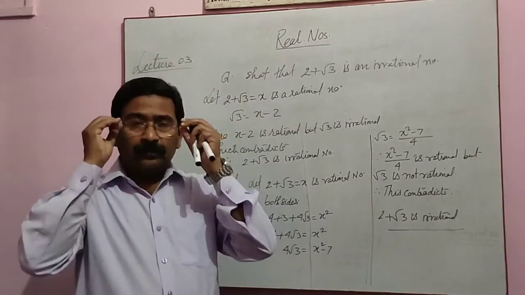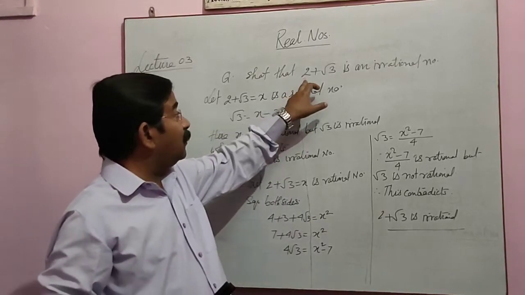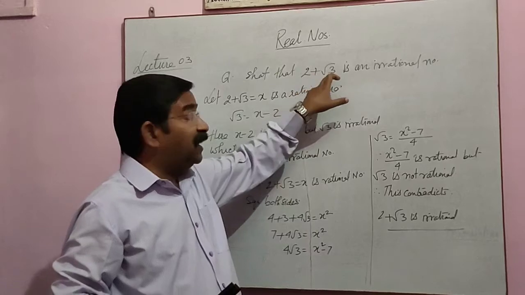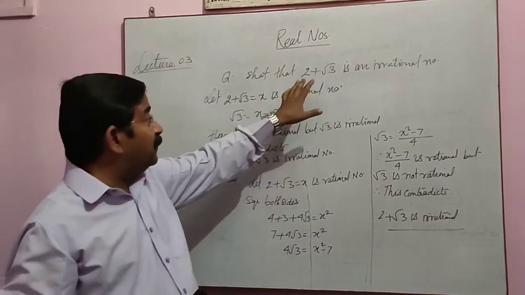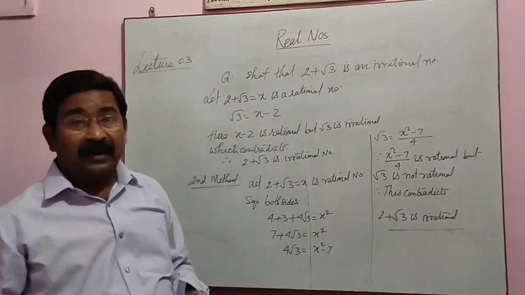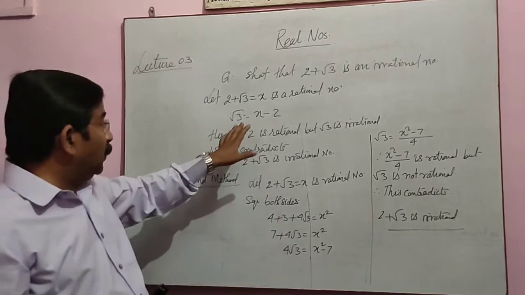Now, one more thing. This is the sum of a rational number and an irrational number. You can use the same process for the difference of a rational number and an irrational number. So we have shown two methods.